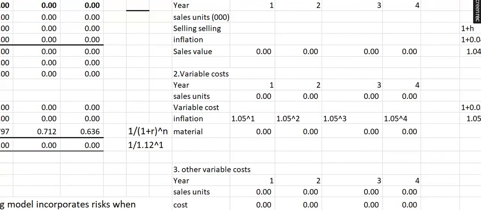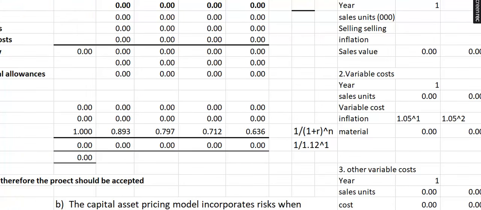Okay, so if we go back to the format of NPV, we start with sales, then variable costs, then other variable costs, fixed production costs, then operating cash flow, tax paid, tax saved on capital allowances, the scrap value, initial cost, working capital, net cash flows, discount factor, then we have our present value, finally NPV.